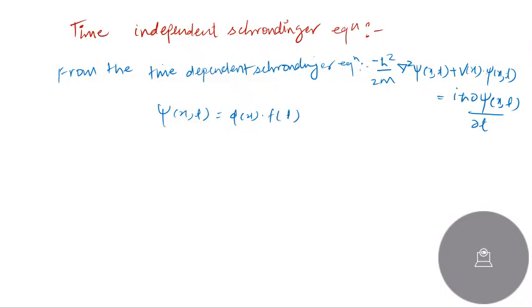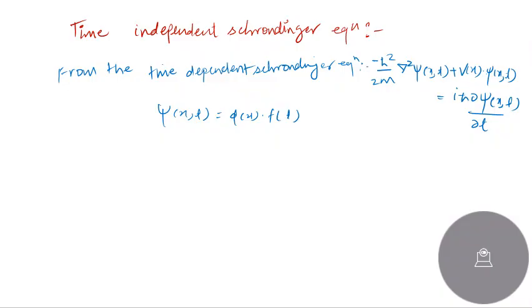Putting these values in the equation, here del square is a Laplacian operator. So if we put these two values, the multiplication of those two functions, the function of t will come out from this operator, because the Laplacian operator acts only on the function of x.